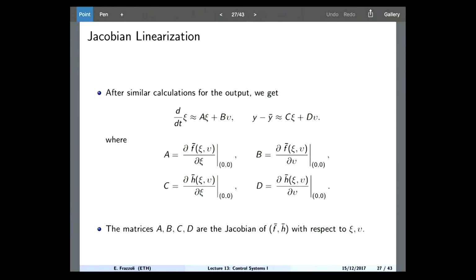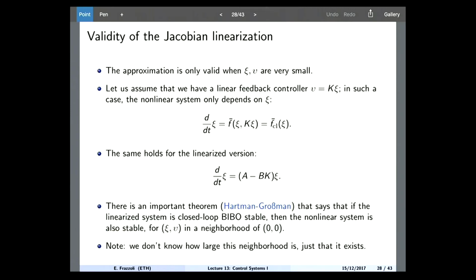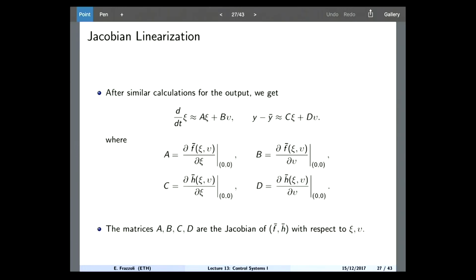Which is given by these matrices A, B, C, and D. We get back to what we have covered in the course, right? And essentially we have transformed the system. So essentially these matrices A, B, C, D are the matrices that describe a linear system which has no counterpart in the real world.